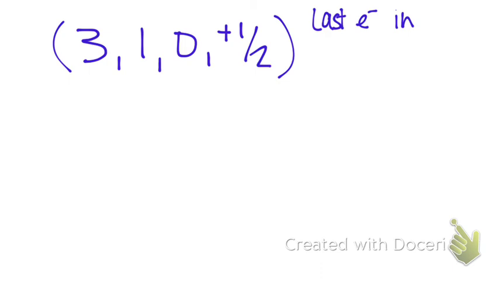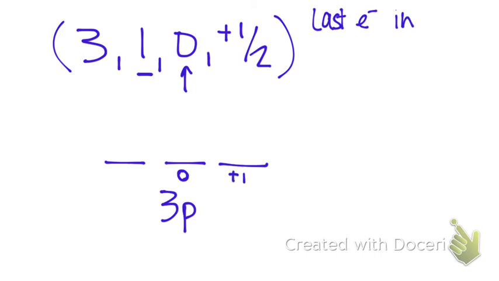So 3 tells me it's a 3, and then this number 1 tells me it's a 3p orbital. So I'm going to go ahead and draw that out. 3p, right? This 0 tells me it's going to fall on what orbital? Y. Okay, yes, the y one or the middle one. So I'm going to draw them out: -1, 0. That means my attention is focused on the middle orbital, right?